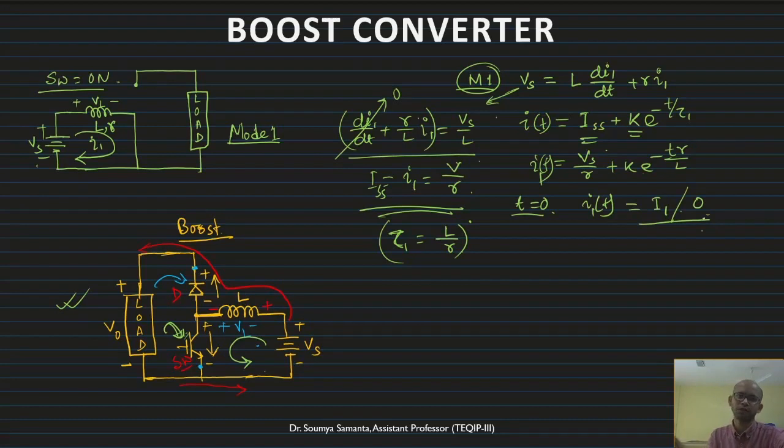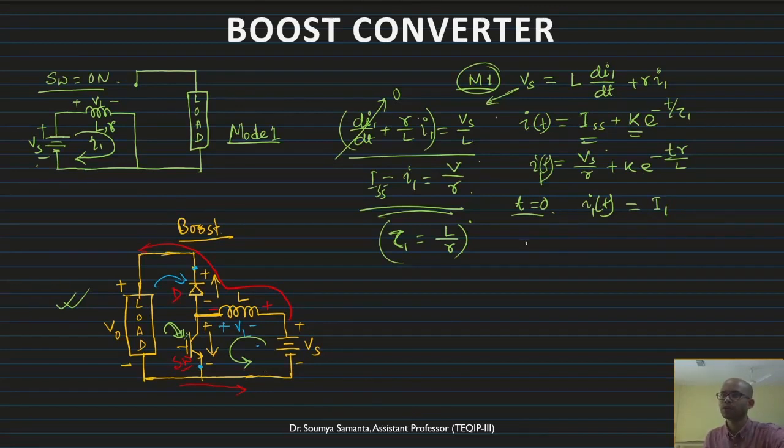Let's say it starts from 0 current, or it has some initial current, I1. This is the initial current through the inductor at the time of switching. Let us consider I1, which will be easier later on. You can consider 0 also, no issues.